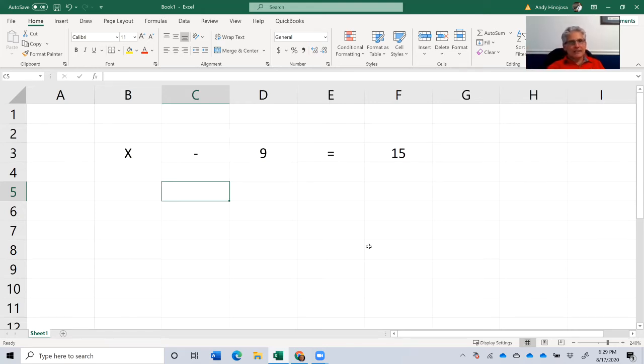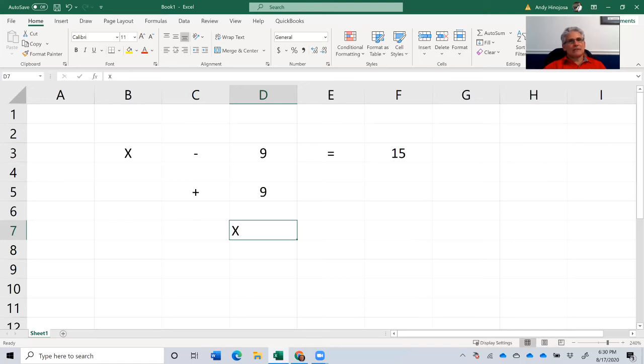In order to get that to a 0, we'll go ahead and add 9 to the left side of the equation. If you have a negative 9 and you add 9 to that, that's going to bring you to 0. So minus 9 plus 9 is going to get you to 0. When you have that kind of a situation, x plus 0 is x, so you're left with x.